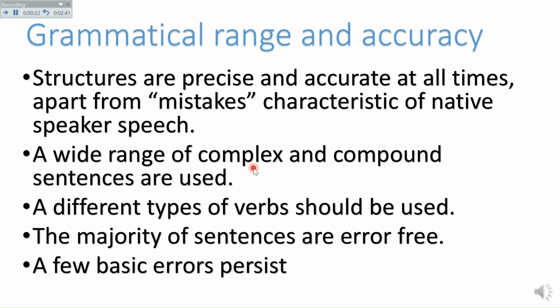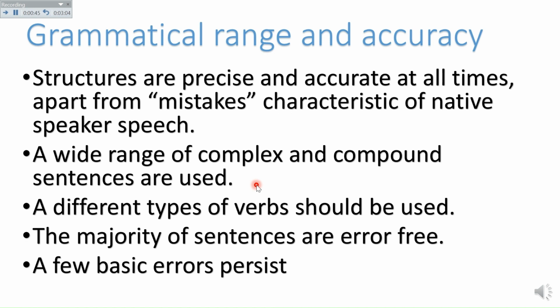A wide range of complex and compound sentences are used. Guys, you need to use different types of sentences: complex, compound, and different types of conjunctive adverbs to show your range of grammar. It's always better to start your speaking test with while, although, since. Use different types of coordinators like but, yet, so.